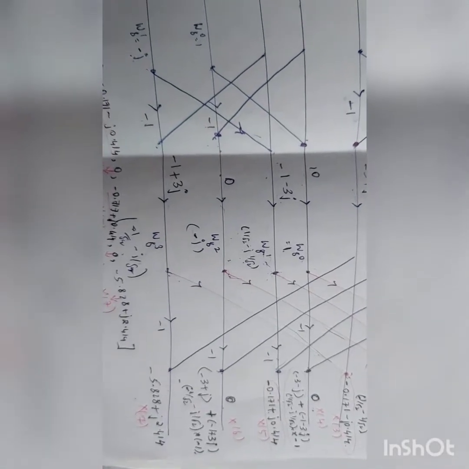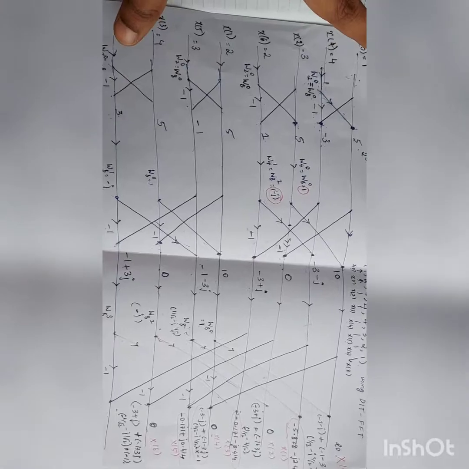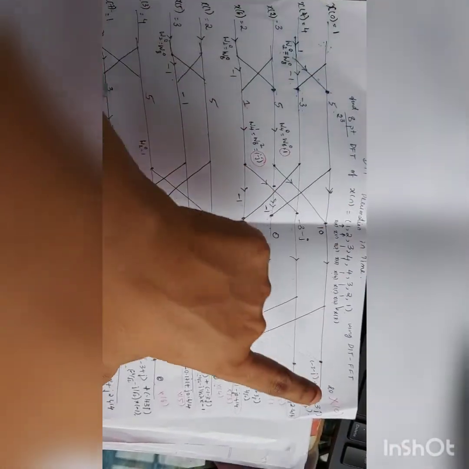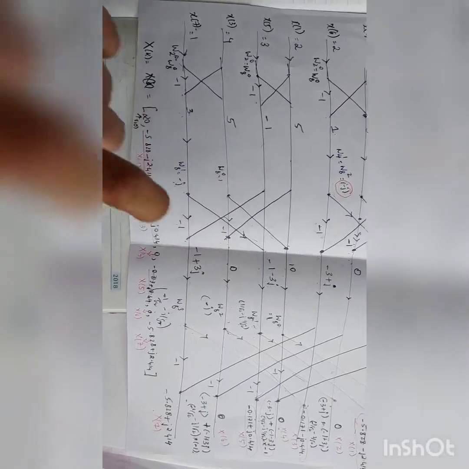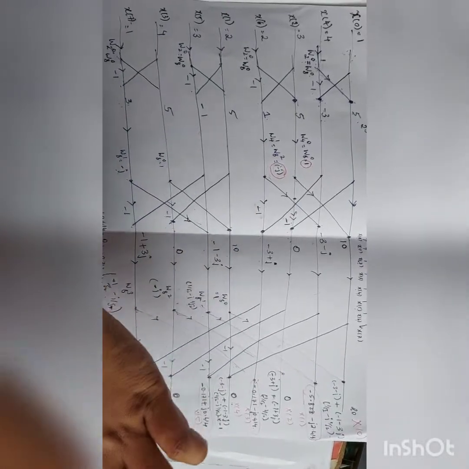So in decimation in frequency, I'll tell you the basic difference. The input will be given in the same order, whereas the output you will be getting in bit reversed order, that is capital X of 0 followed by capital X of 4 and so on. But while writing your answer, you will have to write it in the same order itself. Please remember this.